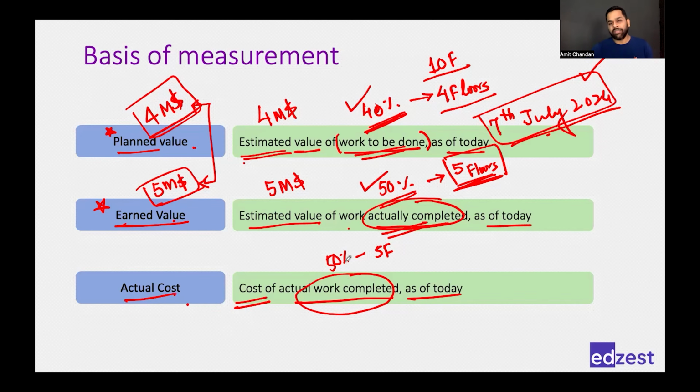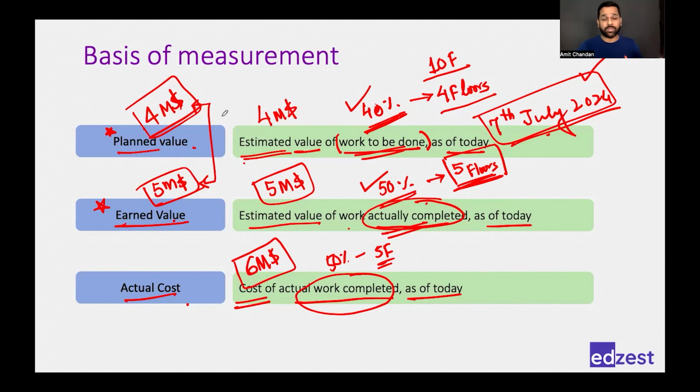Now, what have you completed? 5 floors. In completing the 5 floors, you had planned to spend $5 million. But in actual, let's assume that you have spent $6 million. What does that mean? It means that you are spending more than what you had planned in doing the same amount of work.